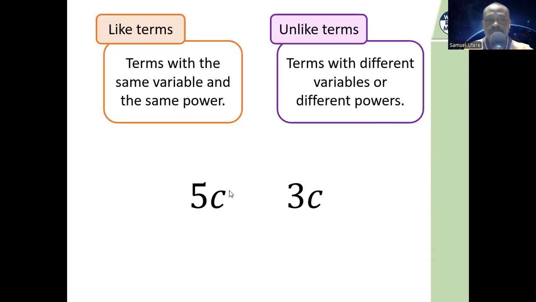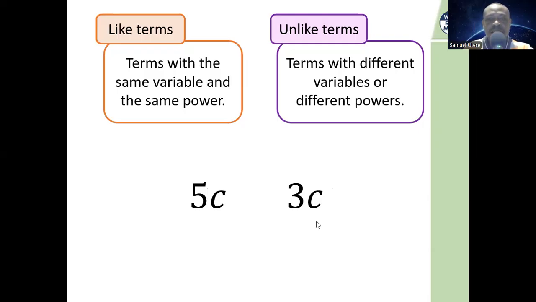What about the power? Yes, we have the same power. In algebra, this is power 1. If you do not see any number on top of the c or on top of any letter, it means it is power 1, but we don't often write it. It's something you just know.